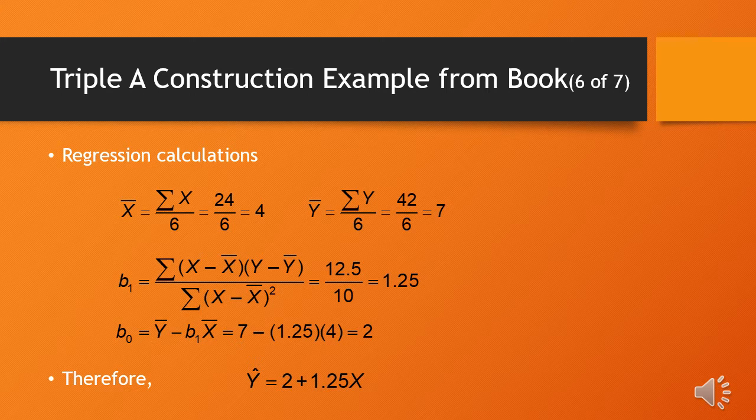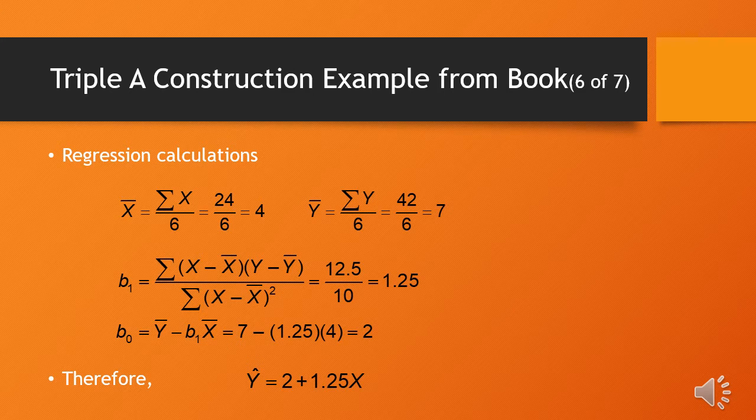In order to compute the slope and the intercept of the regression equation for the AAA Construction Company example, we have x bar equals the sum of x divided by 6, which equals 24 divided by 6, which gives us 4. And then we have y bar, which equals the sum of y divided by 6, which equals 42 divided by 6, which equals 7.